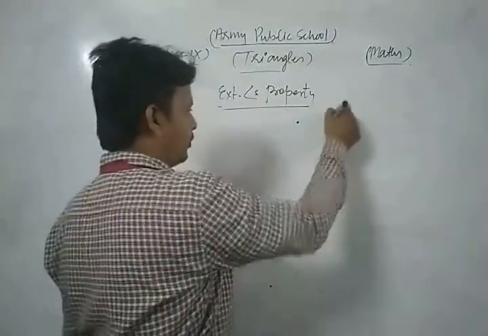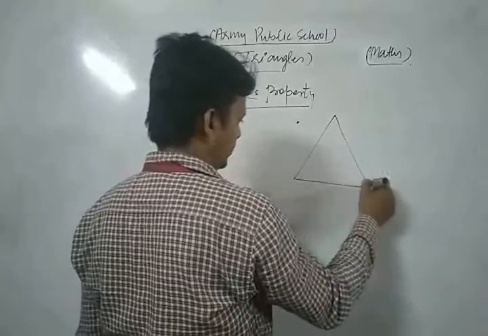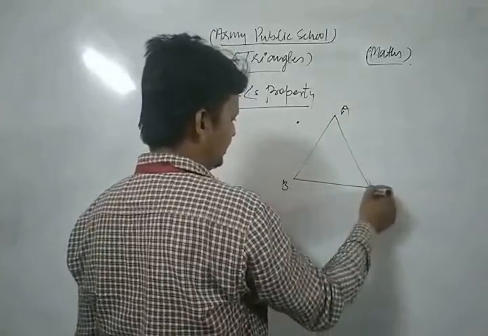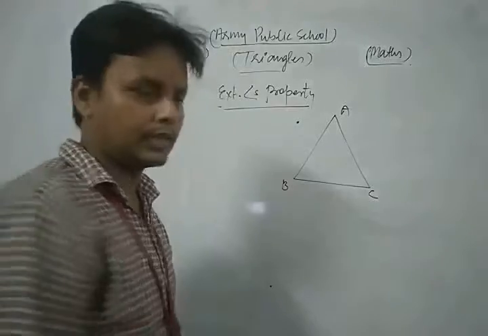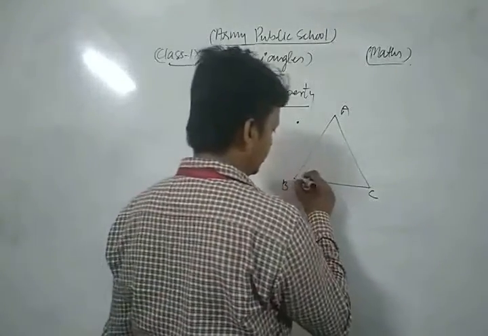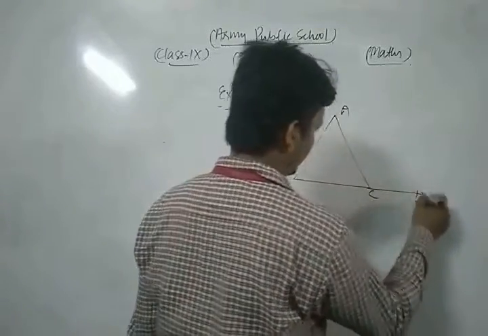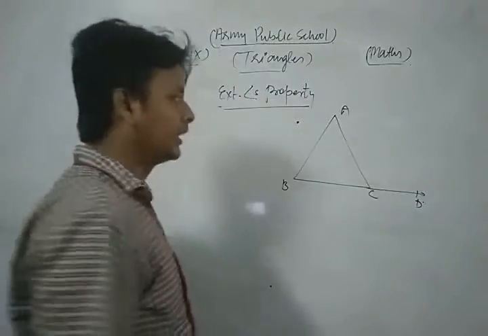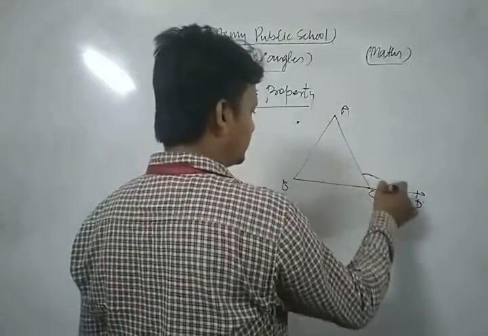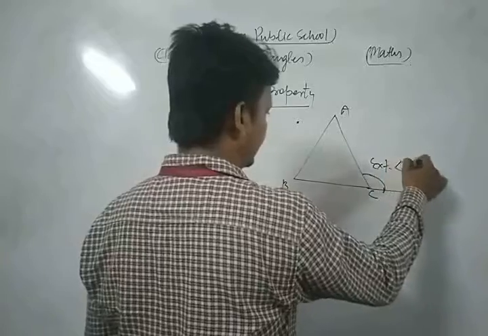Dear students, for any triangle ABC, suppose that we produce its side BC to D. Then angle ACD forms the exterior angle ACD.